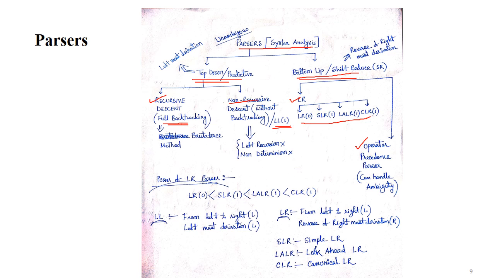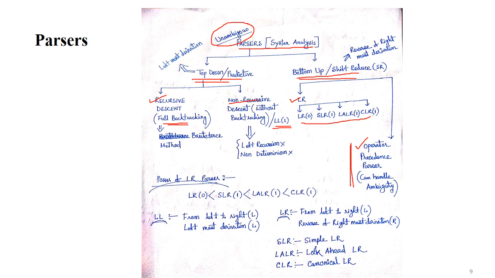Now, we have already discussed that we don't prefer ambiguous grammar. Always we need unambiguous grammar. But please remember, the operator precedence parser can handle ambiguity. This is the exception.